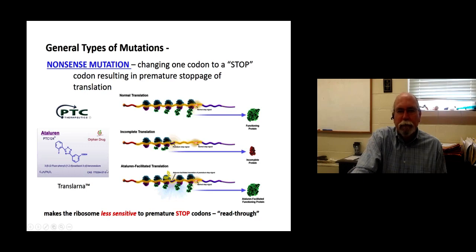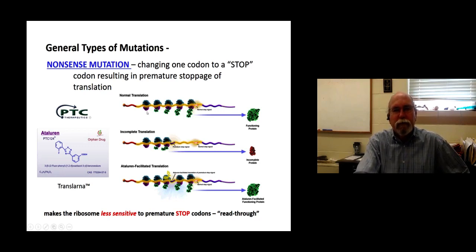Well, some drug companies have figured out ways to actually go in and, using medications, prevent it from stopping at this first point. Okay, there's a translation that kind of moves on past it. Now imagine what's really got to be done here. You have to understand the message that you're looking at. You have to understand the mutation that's there.